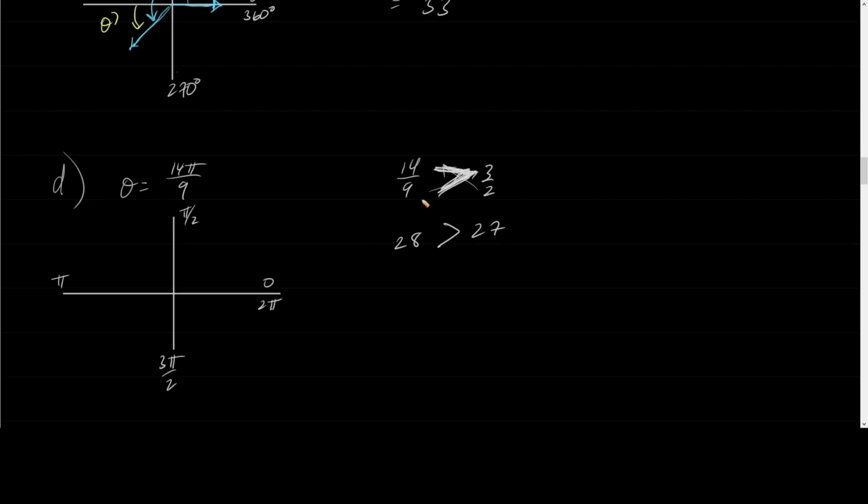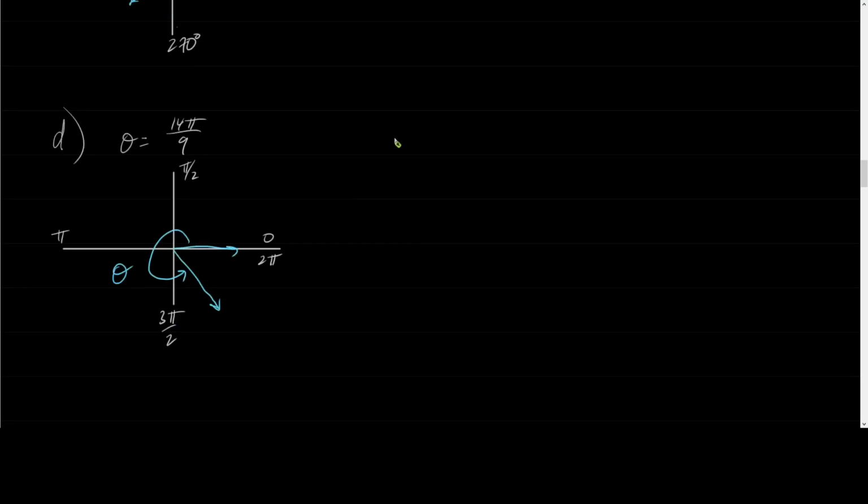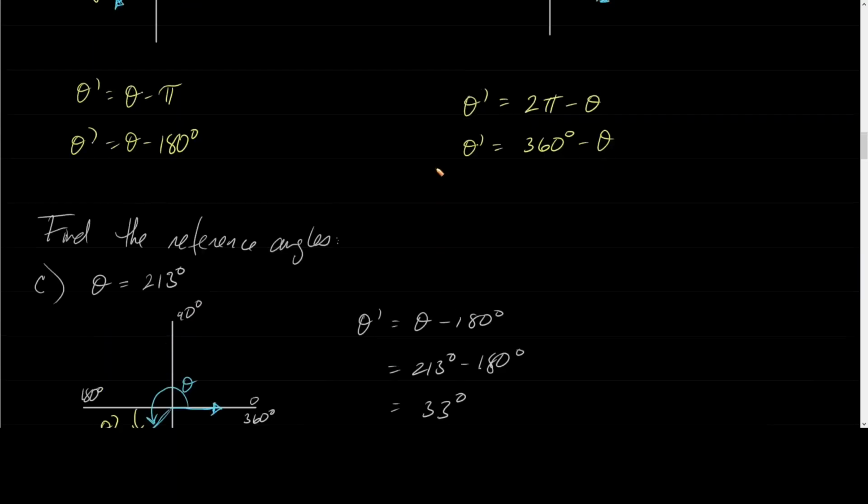So that means that our original angle, 14 pi over 9, is bigger than 3 pi over 2, meaning that it has to be somewhere over here, the terminal side. So this is the angle that we're working with. Now, to figure out what the reference angle is, from the fourth quadrant, if you recall, in radians, it was 2 pi minus theta.